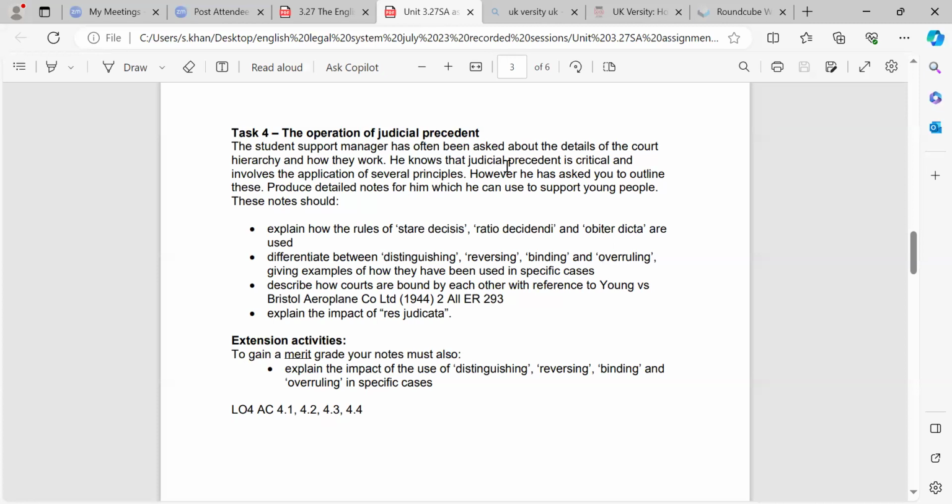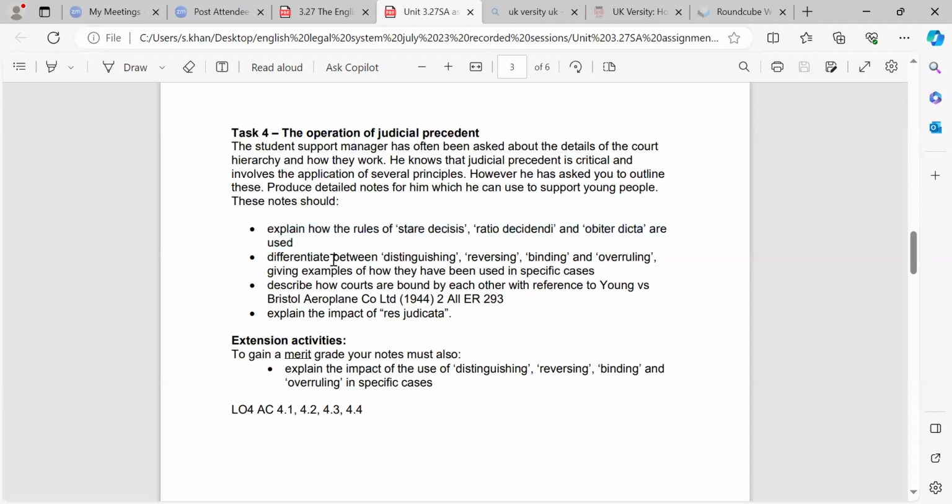These notes should include, for the pass criteria of task 4, four elements. Firstly, explaining how the rules of stare decisis, ratio decidendi, and obiter dicta are used, and have that as a heading. Again, I will reiterate each time: do not change the wording of the tasks.